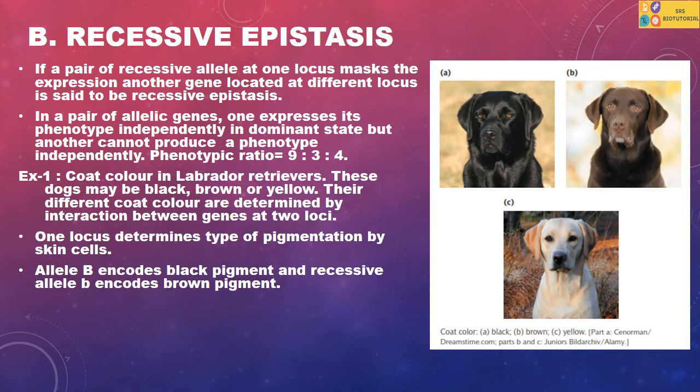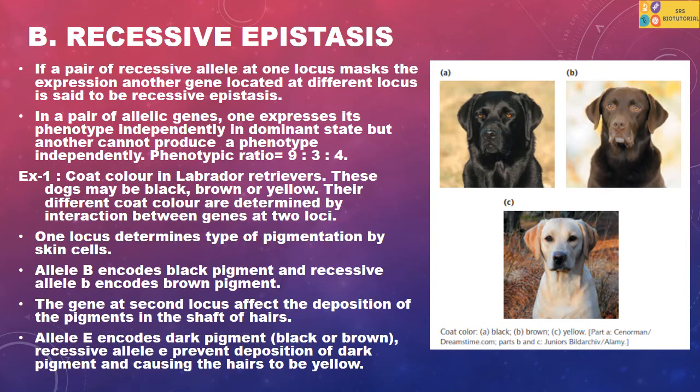The gene at the second locus affects the deposition of pigments in the shaft of hairs. The dominant allele capital E encodes dark pigment, that is black or brown. The recessive allele small e prevents deposition of dark pigment, causing the hairs to be yellow.